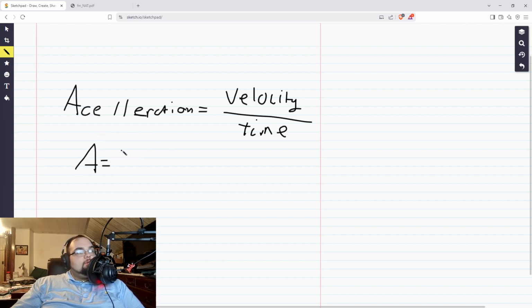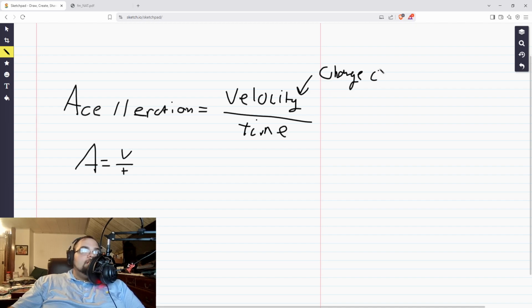A equals V over T. Now, this is often referred to as the change in speed. But as you will see later, acceleration can also come from a change in direction. Okay?